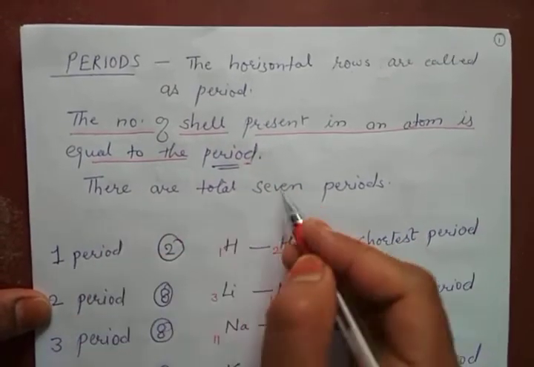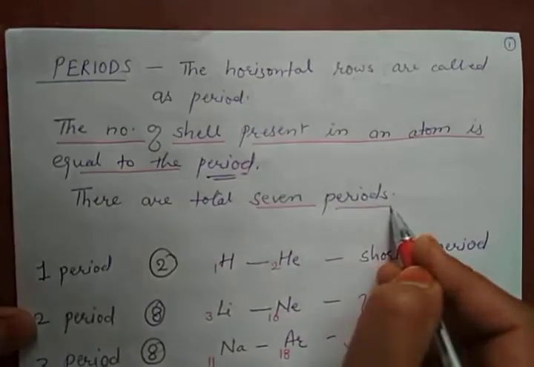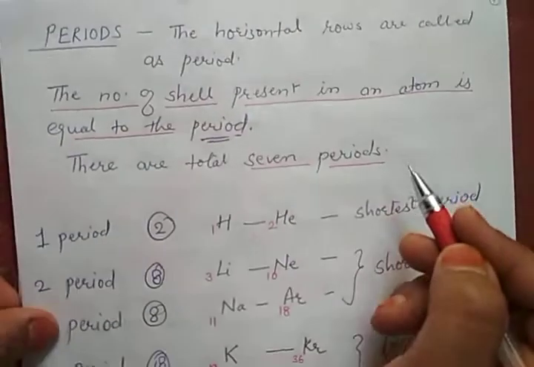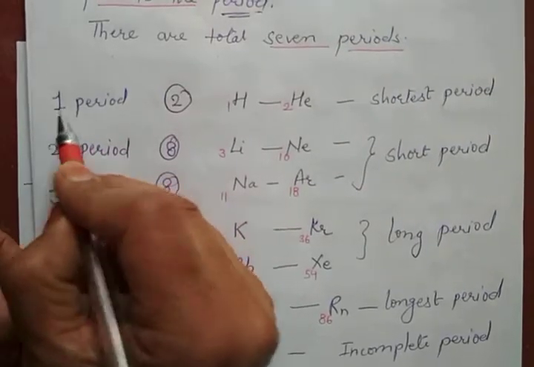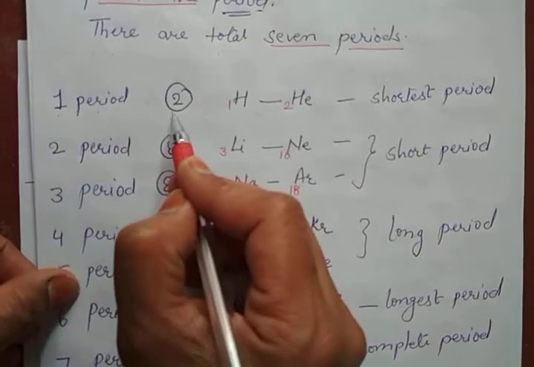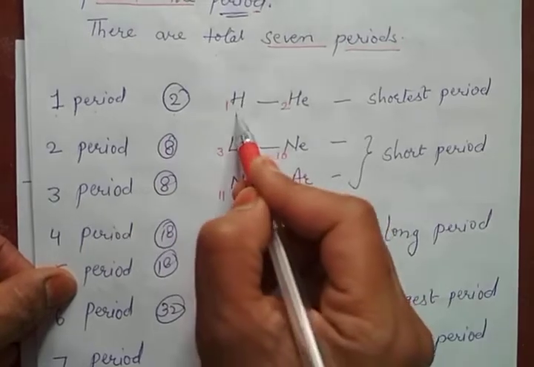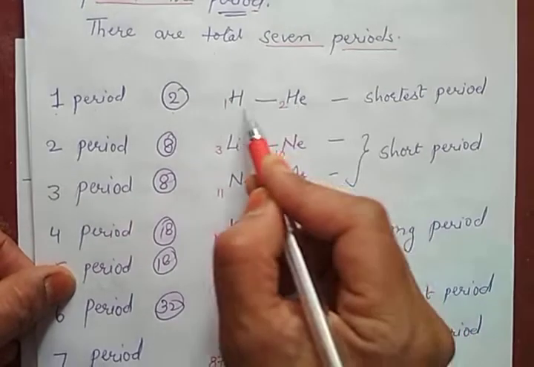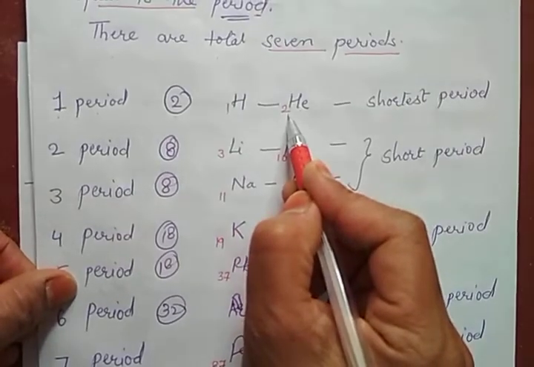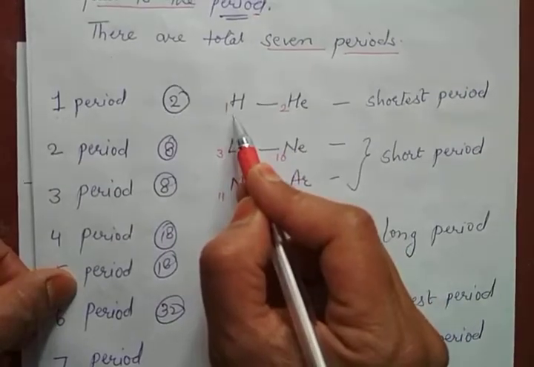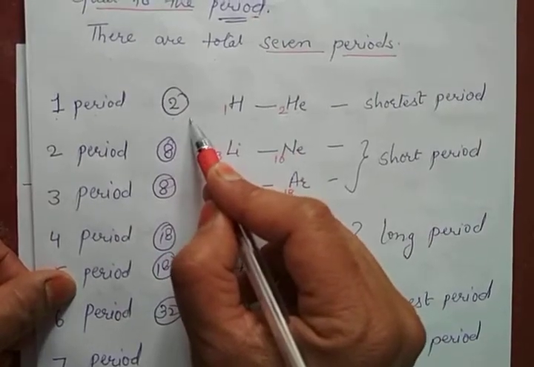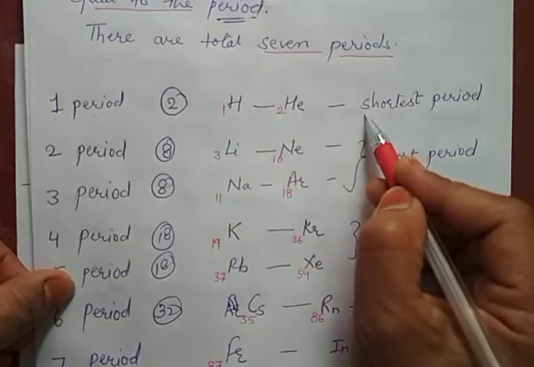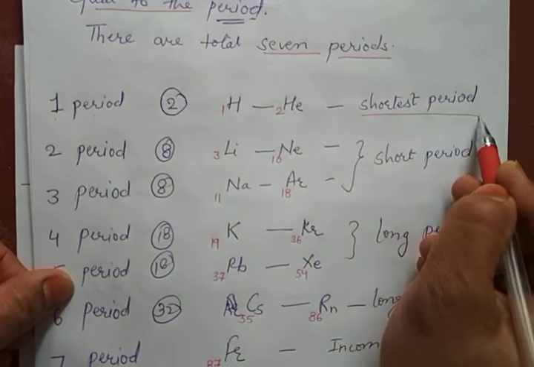There are a total of 7 periods in the periodic table. Now let us start the complete detail of these periods. The first period contains only 2 elements, hydrogen and helium, atomic numbers 1 and 2. As it contains the least number of elements, only 2, this period is called the shortest period.